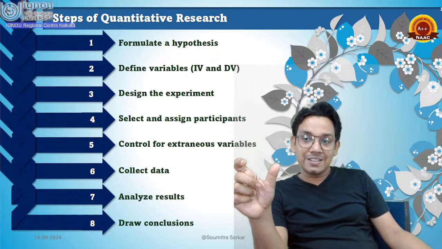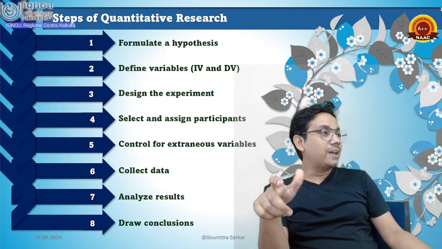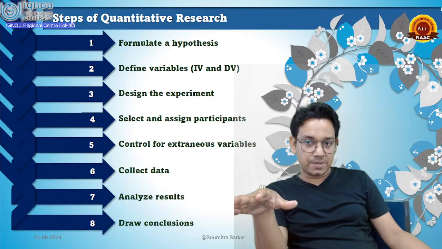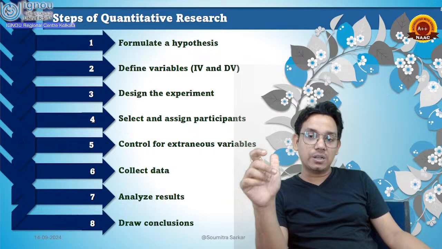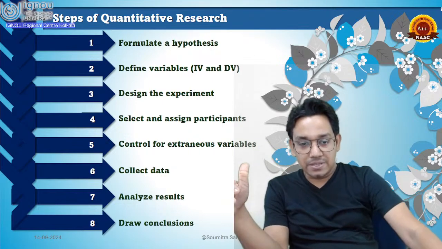That means there is a cause-effect relationship present. If they are not connected to each other, no cause-effect relationship can be found. But if they are connected, a cause and effect relationship can be found. This is called defining the variables.